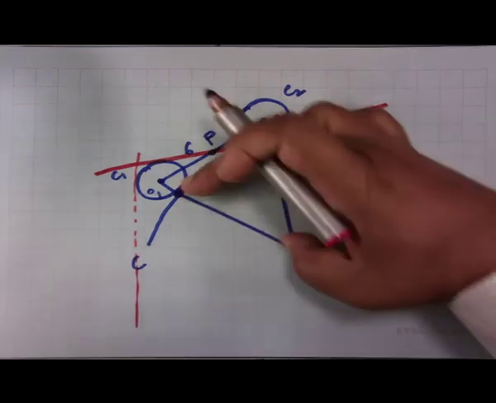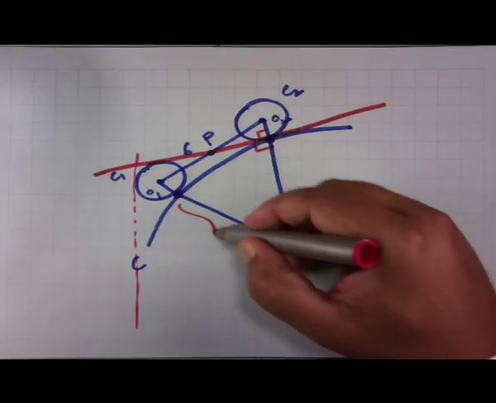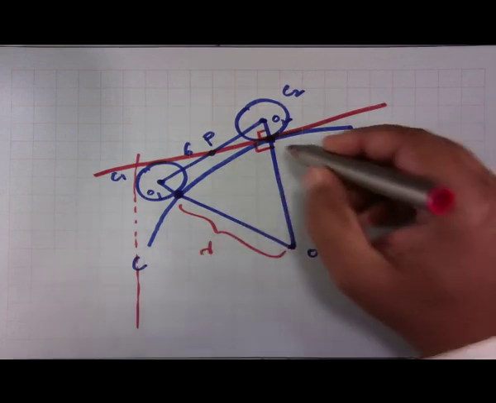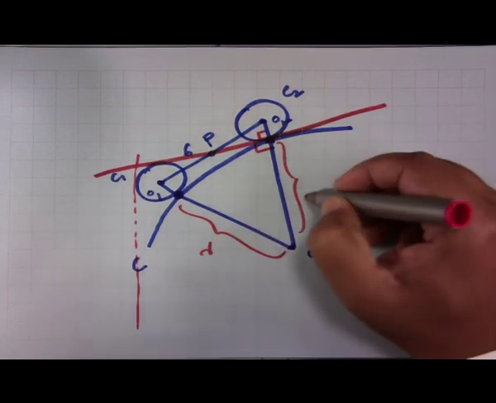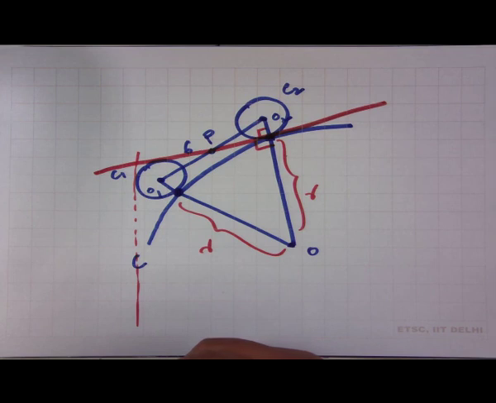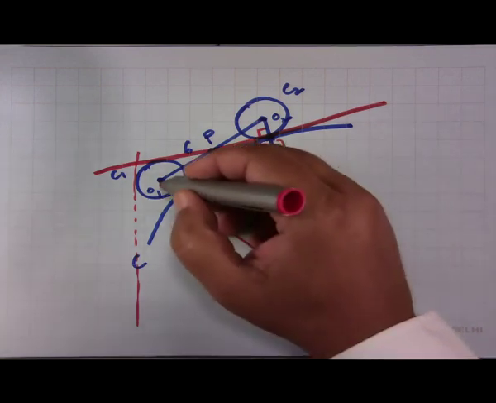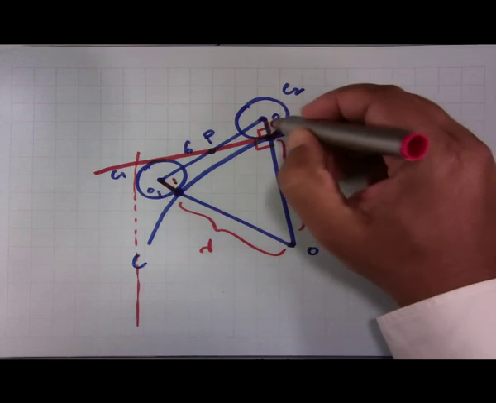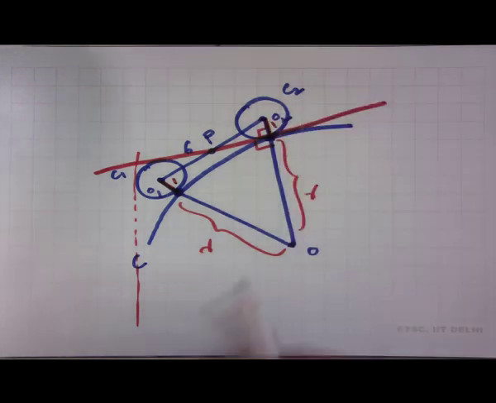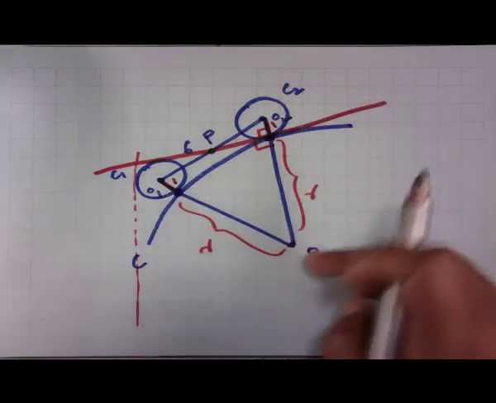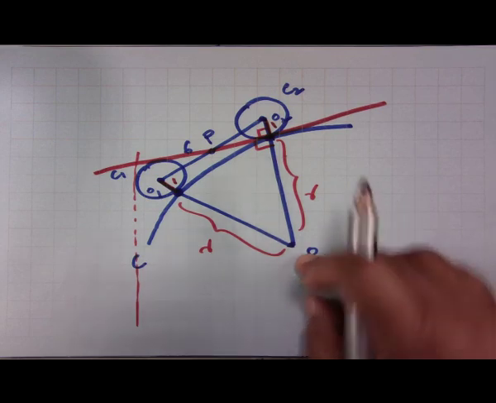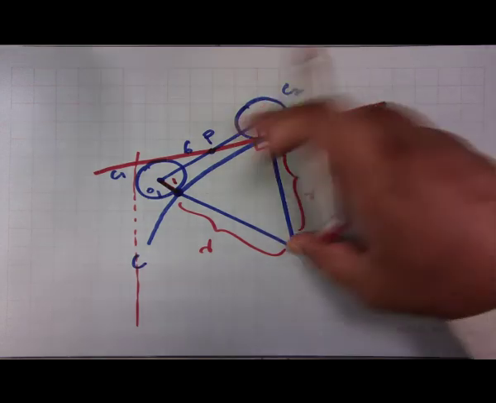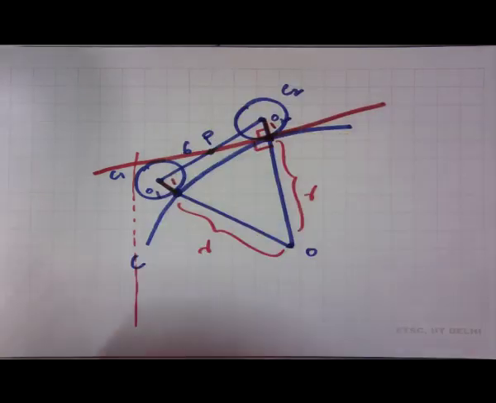So, let the radius of the circle C, which is what we have to find out, be r, and this radius here is of course 1 unit, and this radius here is also 1 unit. If we look at the triangle O1 O2 O, two sides are of the same length, r plus 1.